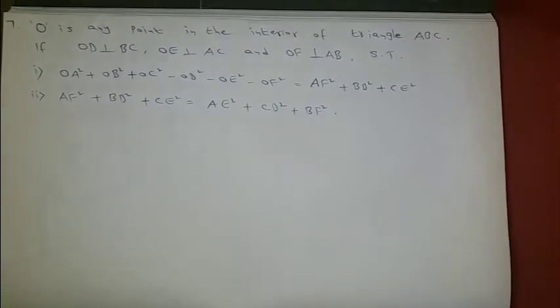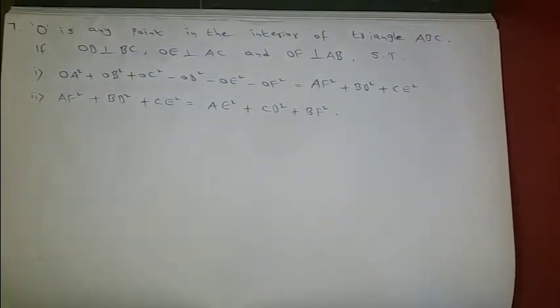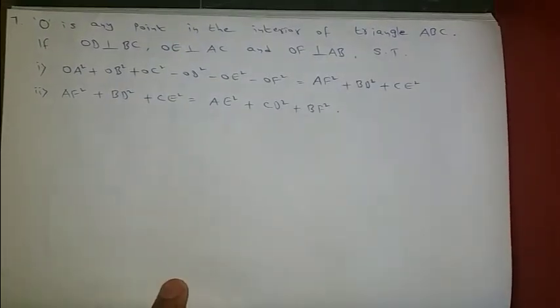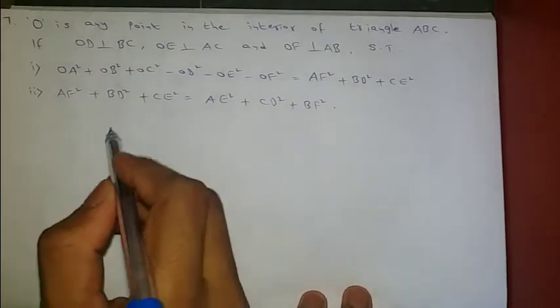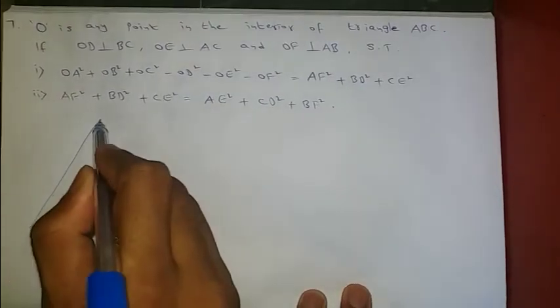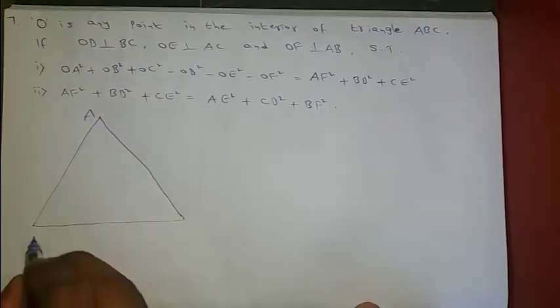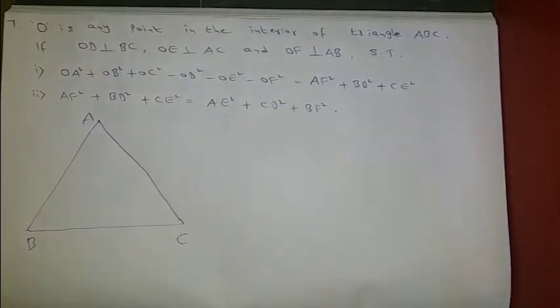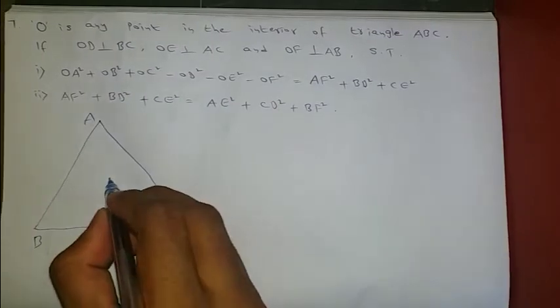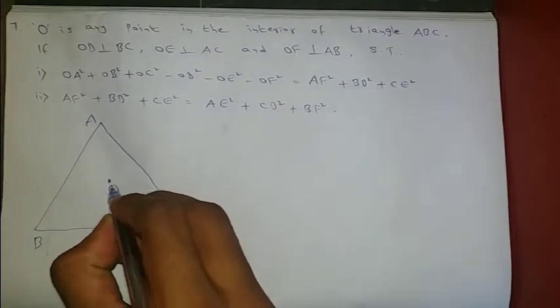Okay, let's move to next question. O is any point in the interior of triangle ABC. We have one triangle ABC. O is some point which is inside the triangle.